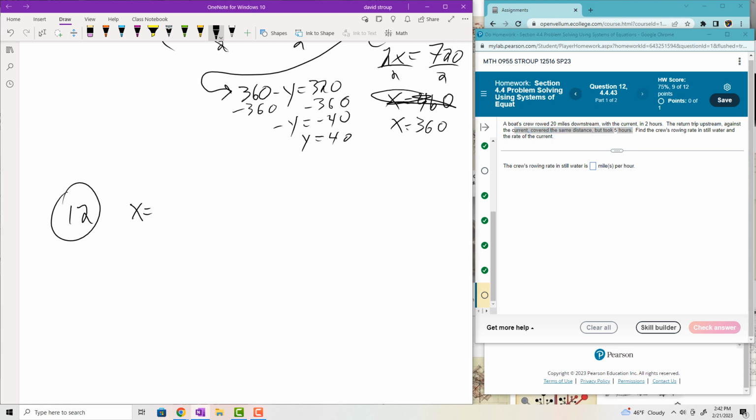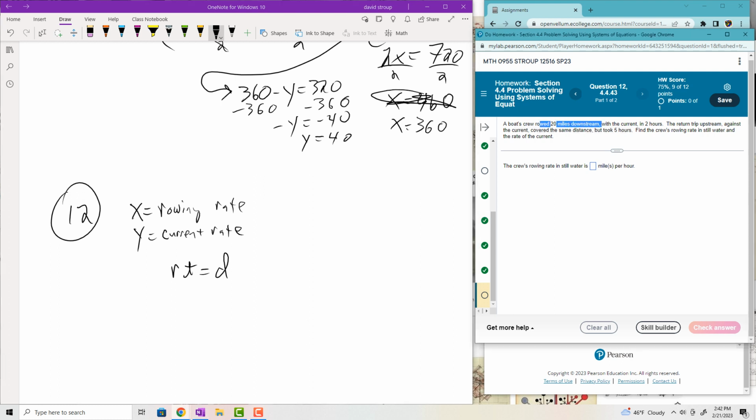So we'll say x is the rowing rate of the crew, and then y will be the rate of the current for the water. And again, we have rate times time equals distance, or distance equals rate times time. It's the same thing. The first deal, they're going downstream.